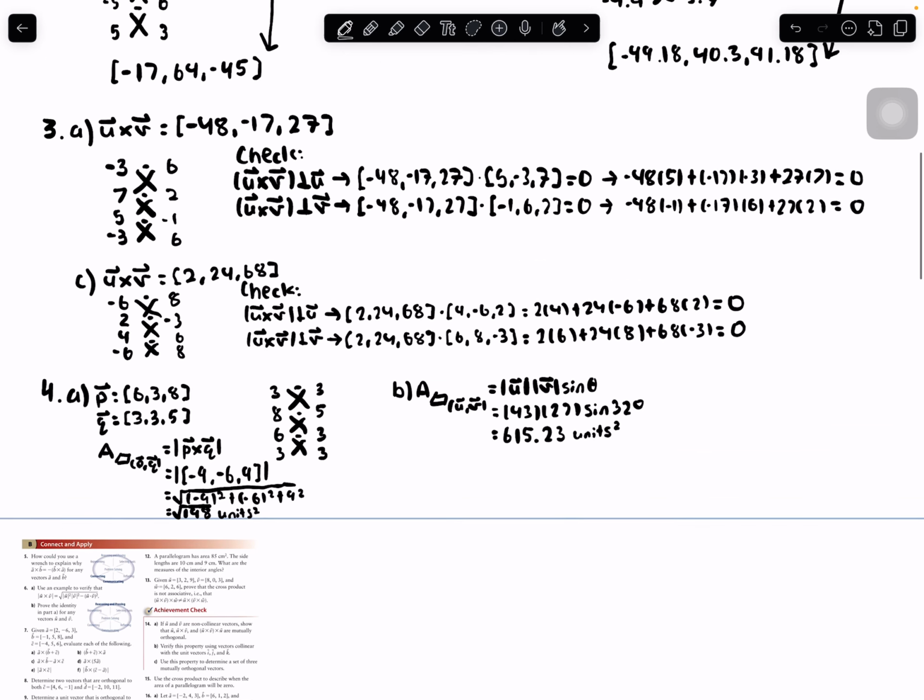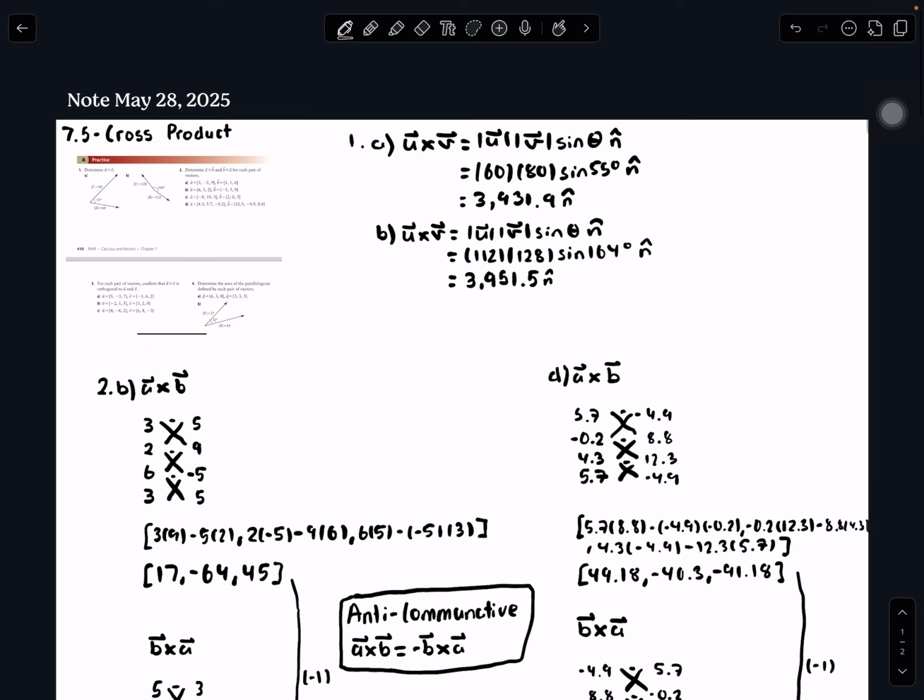That's 32 degrees. 43 times 27, sine of 32, 615.23. Okay. And I guess I should put units squared, units squared. Okay. So that concludes the first part of the 7.5 video series.